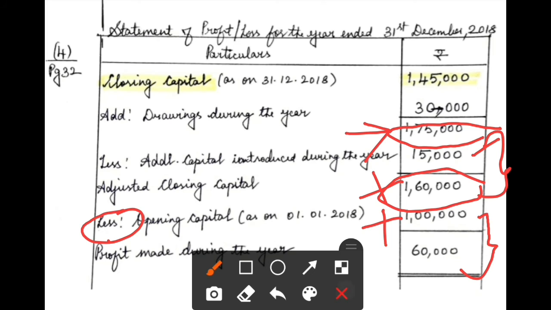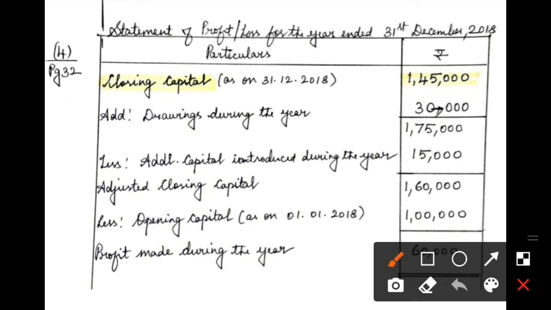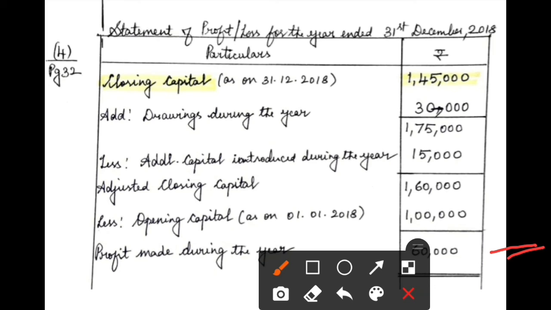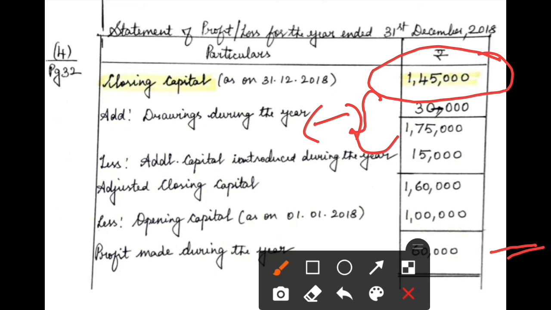Similarly, you are also left with this 30,000. What do you do for this 30,000? You simply compare it with 1,75,000. That means if this is the closing capital, when you add drawings to it, you get the answer as 1,75,000. So you find the difference between these two values. 1,75,000 minus 30,000 gives you 1,45,000.